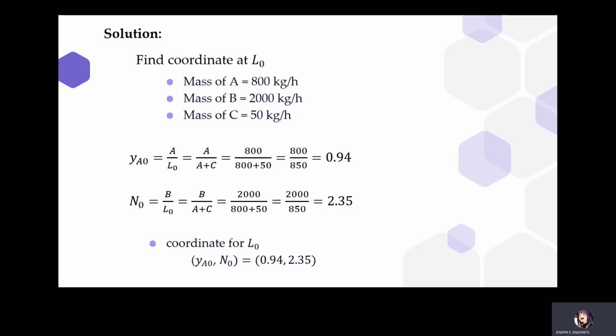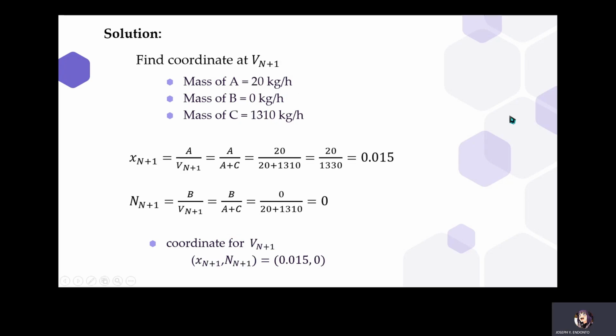So 2000 divided by 850 is equal to 2.35. That is the value of N sub 0. So the coordinate for the feed slurry is Y sub A0, which is the x coordinate, and N sub 0, which is the y coordinate. So the x coordinate is 0.94, while the y coordinate is 2.35.